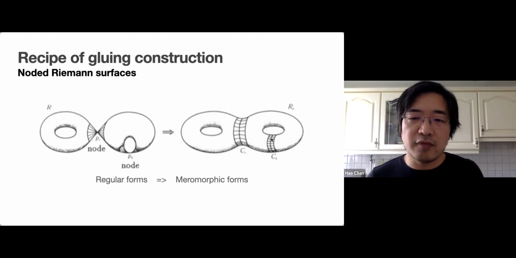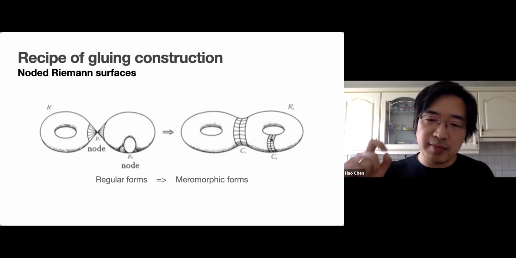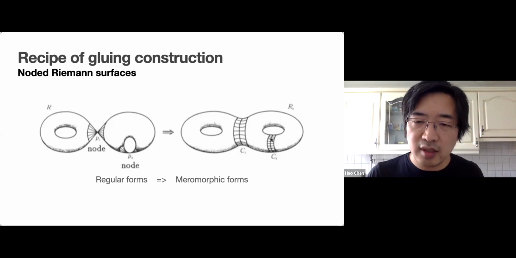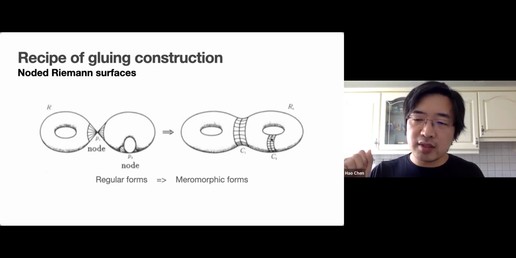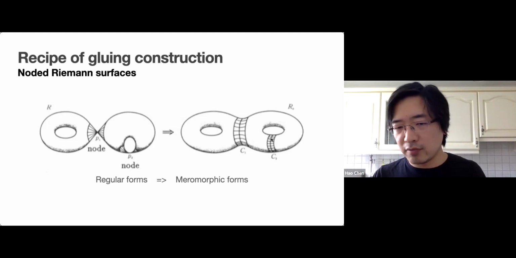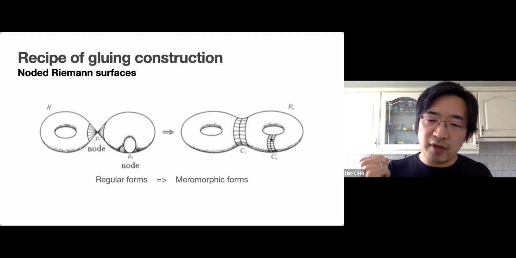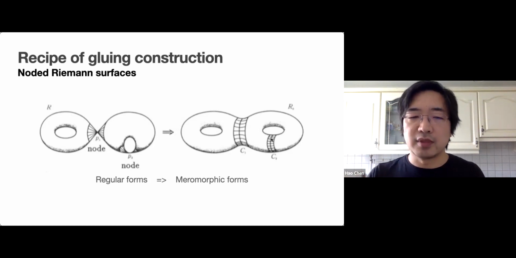Or you can think of a noded Riemann surface as obtained from a regular Riemann surface by shrinking some cycles into nodes. So noded surfaces can be seen as on the boundary of the Teichmüller space. And later we will recall that to construct minimal surfaces, you will need some meromorphic forms on the Riemann surfaces. And as we shrink the cycles into nodes, so we obtain noded Riemann surfaces from regular ones, these meromorphic forms will have limits that are called the regular forms.